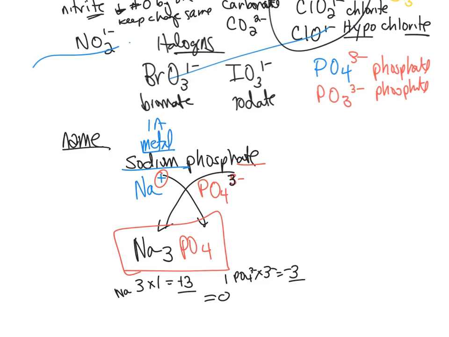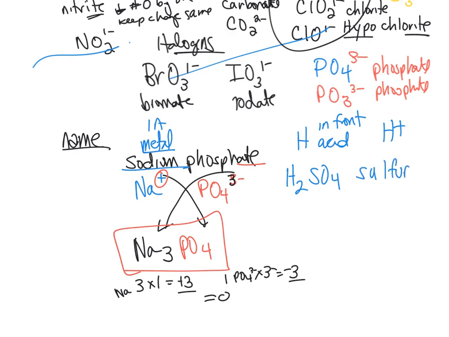Now, what about acids? Acids have hydrogen in front, okay? So these are acids, they can donate H+. And so your strong acids are like H2SO4, sulfuric acid.